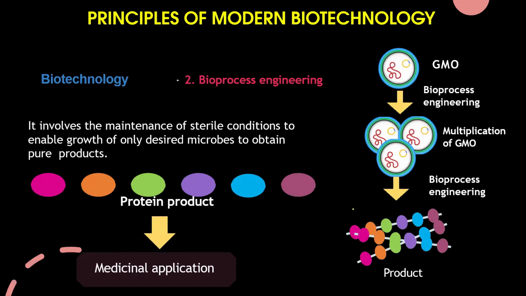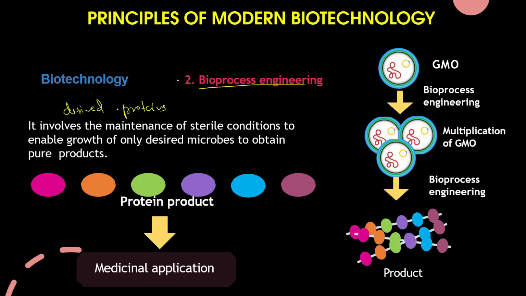The next one is bioprocess engineering. We'll be studying genetic engineering and bioprocess engineering in detail, step by step. These are just basic definitions. So what is bioprocess engineering? In genetic engineering you are modifying the organism, and from this modified organism you are getting the desired proteins.